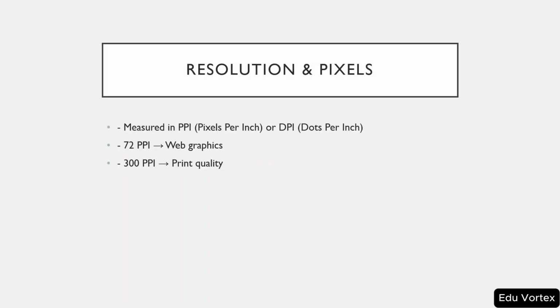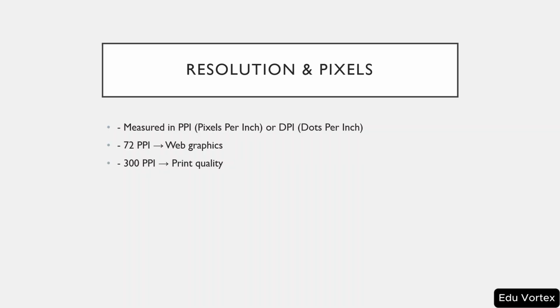So let's talk about pixels and resolution, what they are. You know about pixels already, but there is this measurement system in PPI or DPI, dots per inch or pixels per inch. Dots per inch is usually used during printing, while pixels per inch is used for a digital picture.